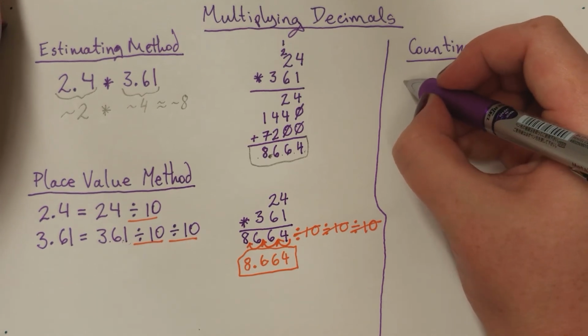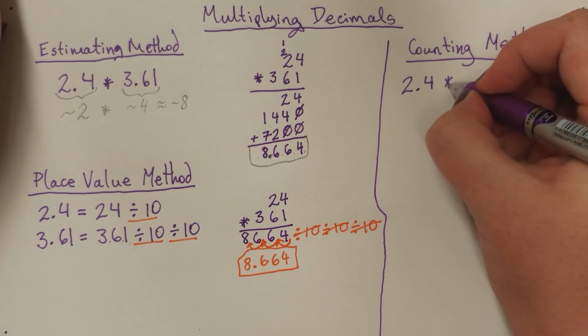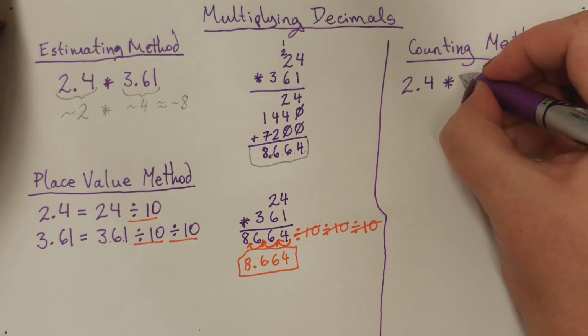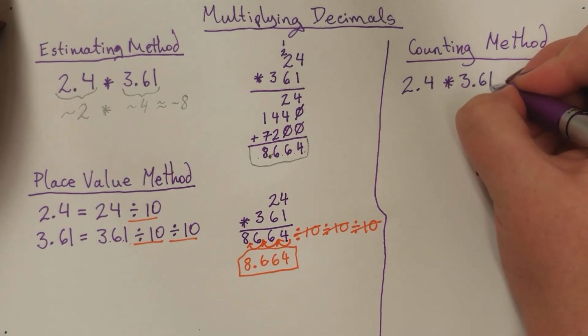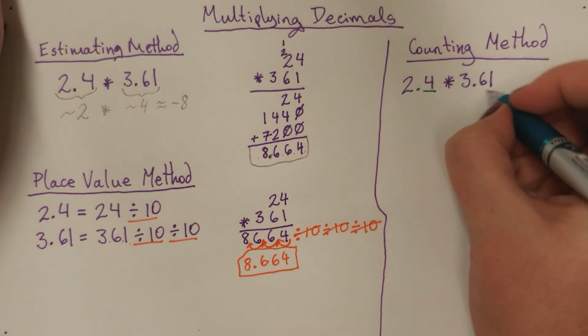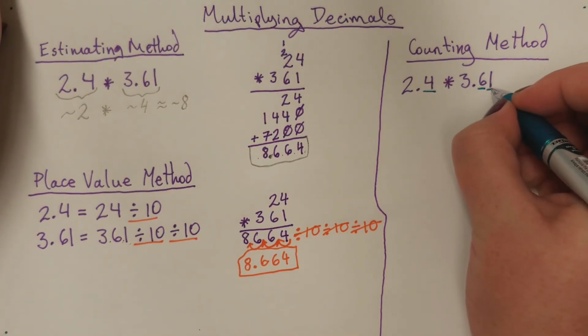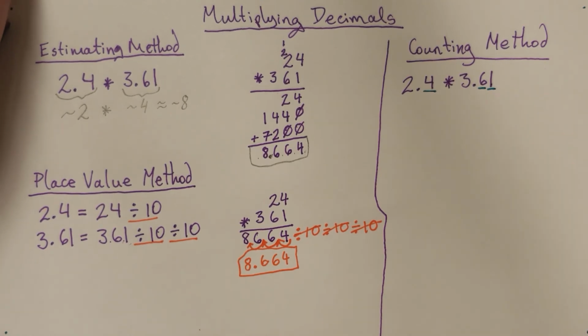So we know that we have how many numbers to the right of the decimal place. Let's count. We have 1, 2, 3 numbers to the right of the decimal place.